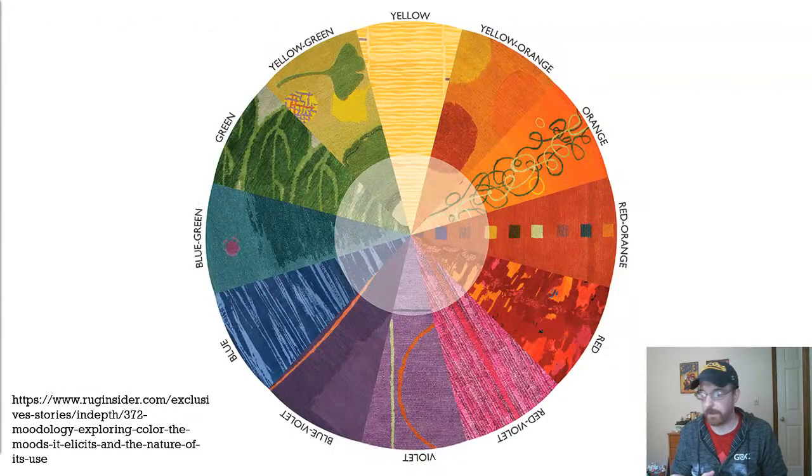What I mean by that is, if we look at this color wheel, and I really love this image of a color wheel because it not only shows the colors, but it shows graphical hints of what those colors can represent. So you see the leaves on green, the blue rippling water. The red kind of looks like lava to me, and it's weird because this came from a rug website, but it's a really cool image, so that's why I threw it on here.